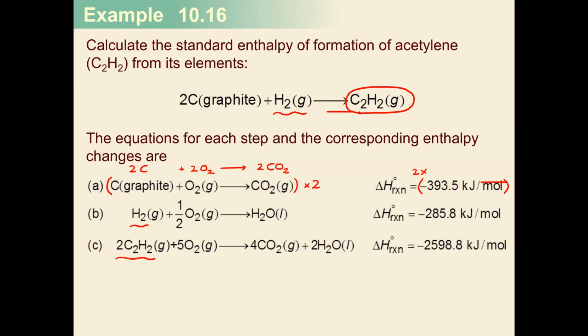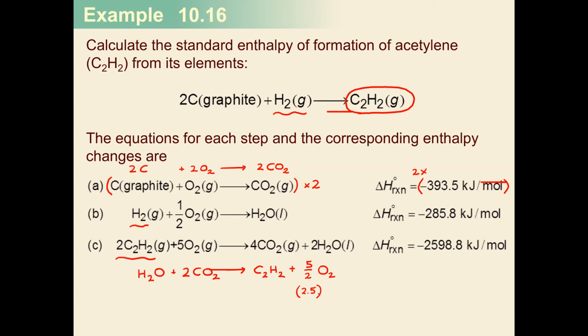So what I will get for this reaction is H2O plus 2 CO2s going to my C2H2. And if I divide my 5 O2s by 2, you will get 5 over 2 O2s. Remember that 5 over 2 is really 2.5.